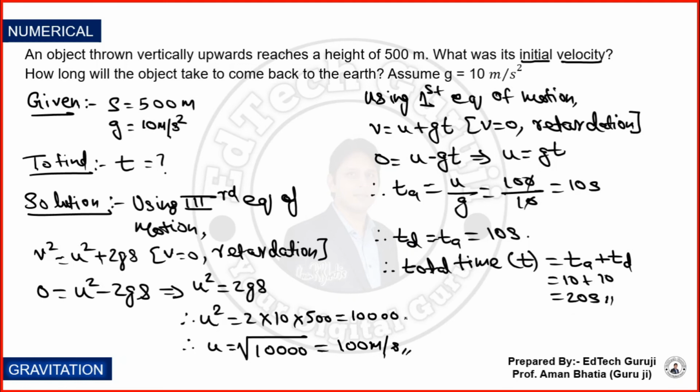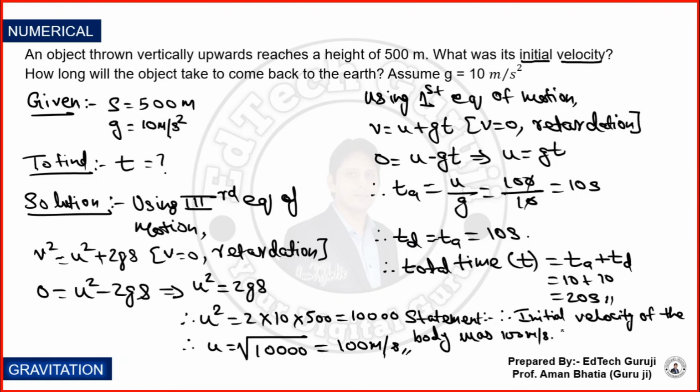Now we can quickly write the statement. So what is our statement? Statement is therefore: initial velocity of the body was 100 meter per second, full stop.